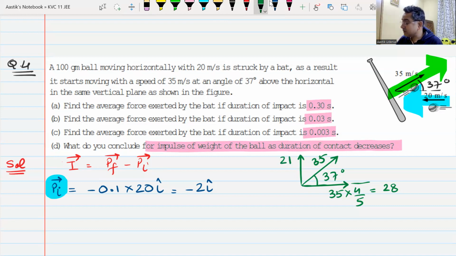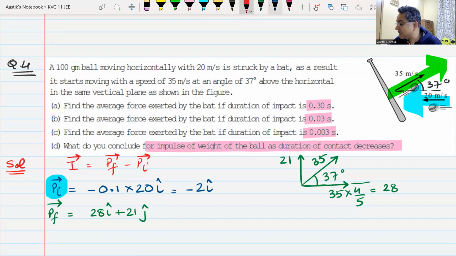So I can write the final velocity as 28i plus 21j. From there I can find out the impulse.